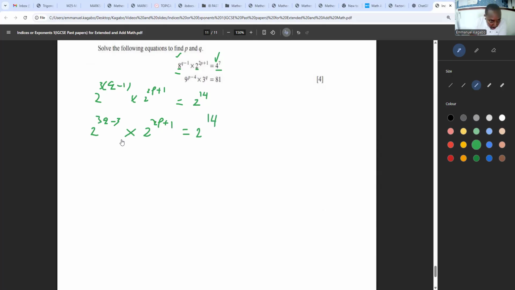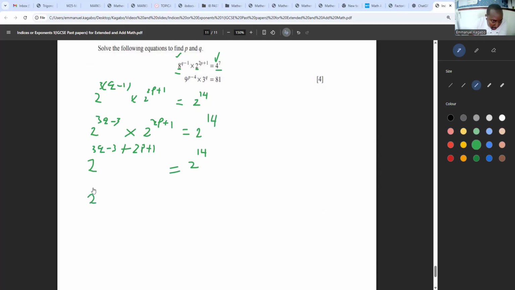Now, we are multiplying, so we collect like terms, right? If you are multiplying, you add the powers. So that means you give me 2 power 3Q minus 3 plus, because we are multiplying, so we add, 2P plus 1 equals to 2 power 14. Okay, good. Now, here, what do I get?